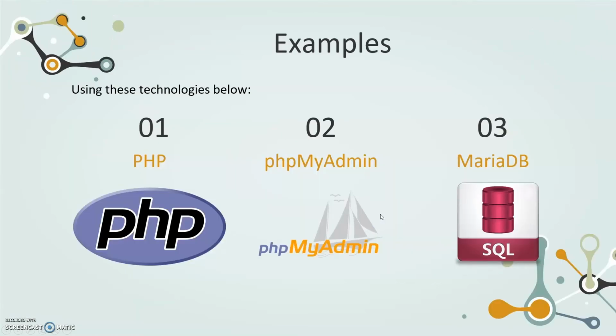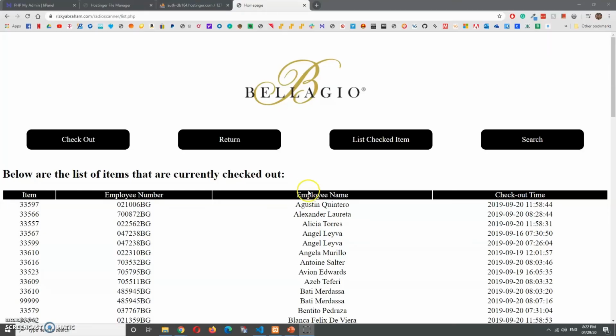Now I'm going to show you an example using a sample website. We're going to use PHP and also MariaDB. In this case, I have a mock website, and I'm using PHP. I want to pull all the items that are currently checked out, so I need to pull the information from a couple of tables.